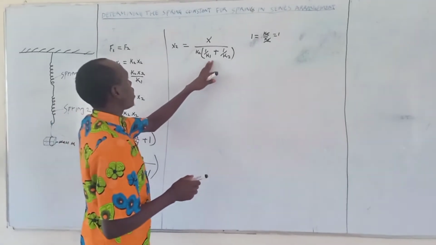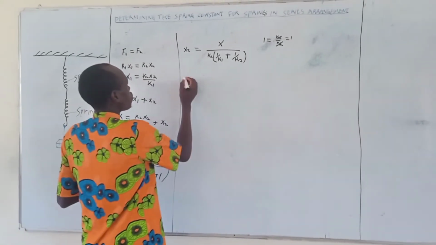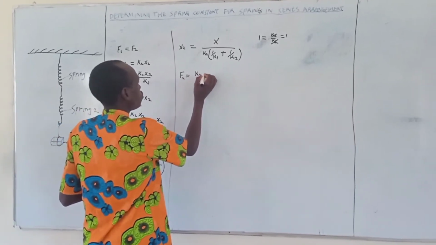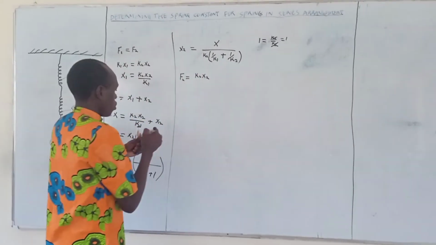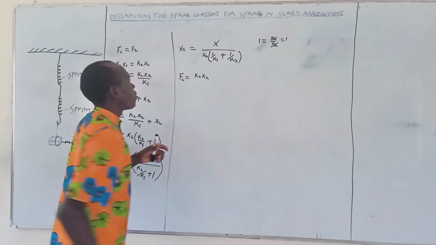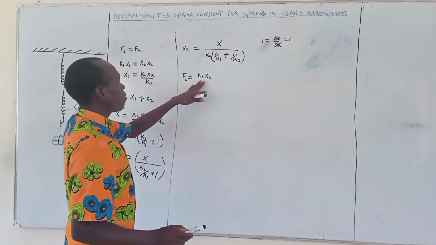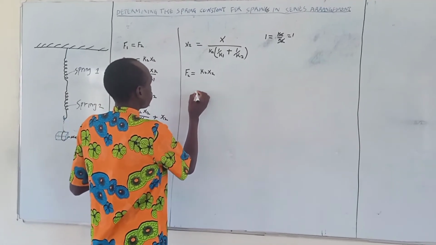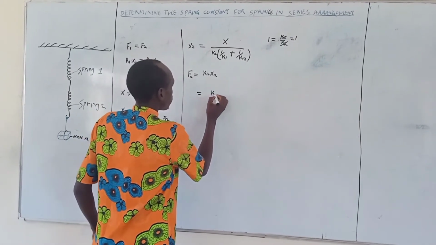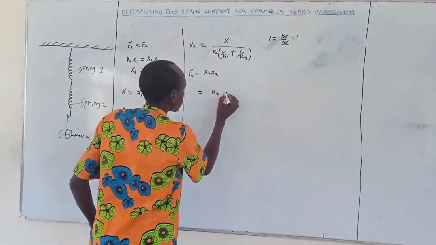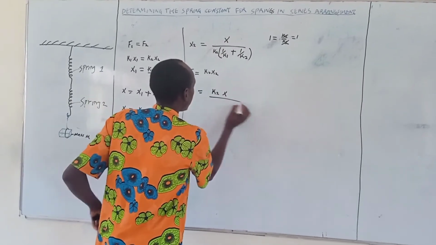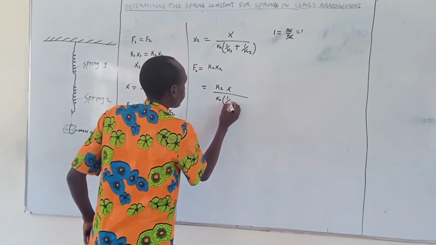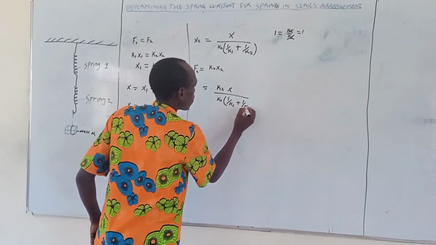Now, you realize that we want to determine force. Force 2 is given as K2 multiplied by X2. So here we have X2, but one thing that we need to arrive at force is K2. Now, force is equal to K2 multiplied by X, divided by our denominator, which is K2 in brackets 1 over K1 plus 1 over K2.